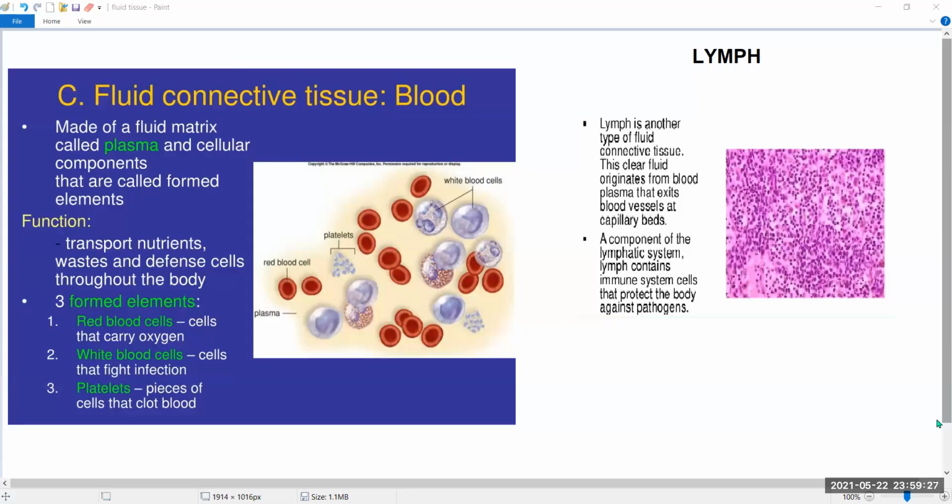Children, let us discuss the fluid connective tissue. It comprises blood and lymph. Blood has a fluid matrix called plasma in which blood cells are present. It has three types of blood cells.